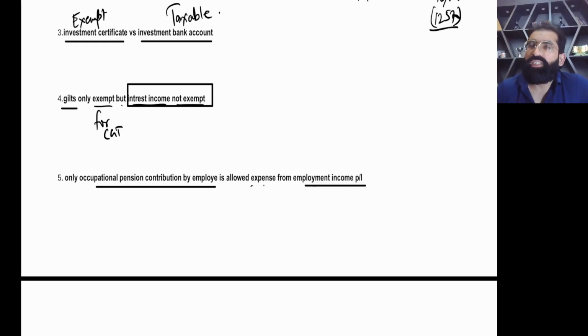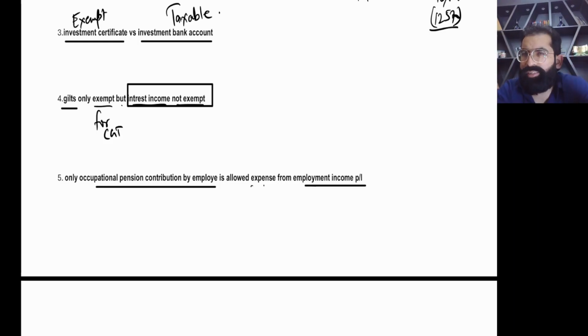In an occupational pension scheme, when an employee contributes in his or her occupational pension scheme, then it is an allowed expense from employment income P&L. But if an individual is contributing to a personal pension, then it is not an allowed expense from any P&L.